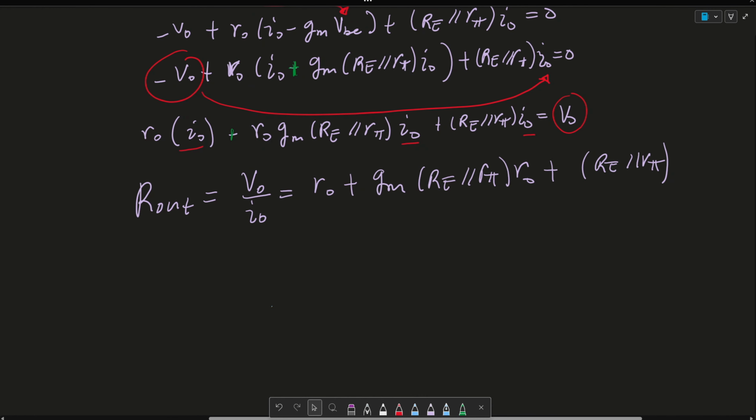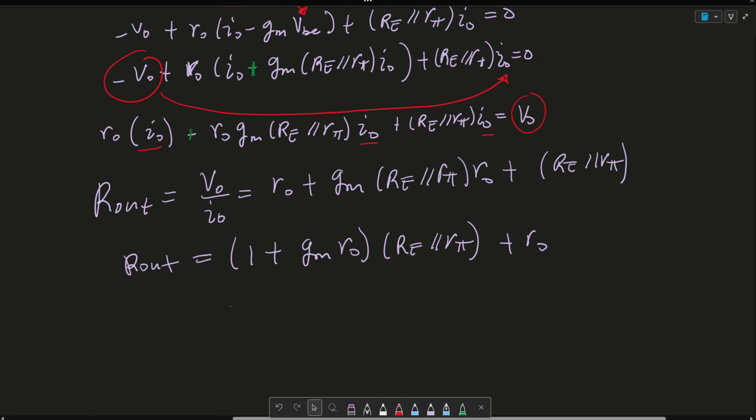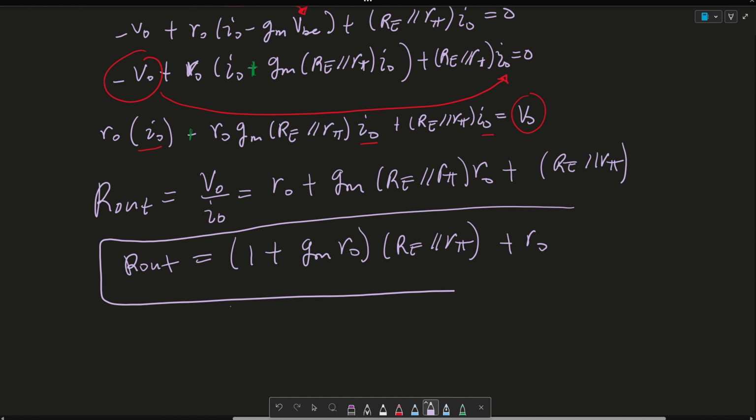And some simplifications we can do is we can pull out an RE, R pi, and we could say then that R out is equal to 1 plus GM RO times RE parallel with R pi plus RO. So this is your general solution. This is your final solution.